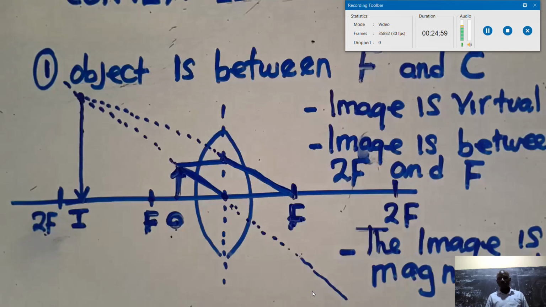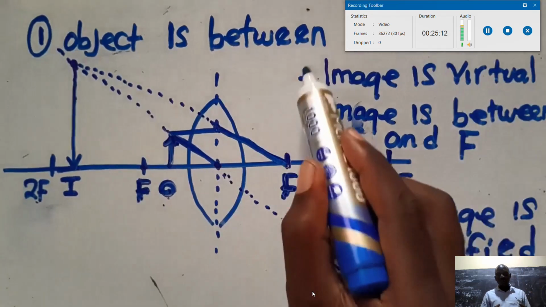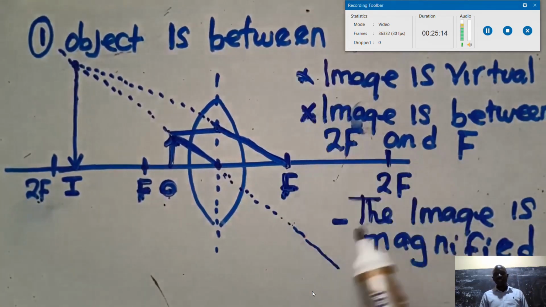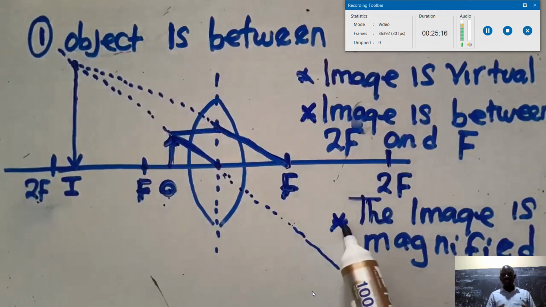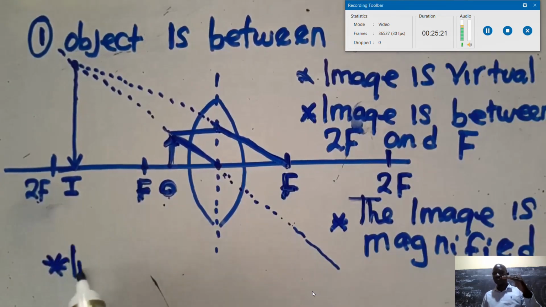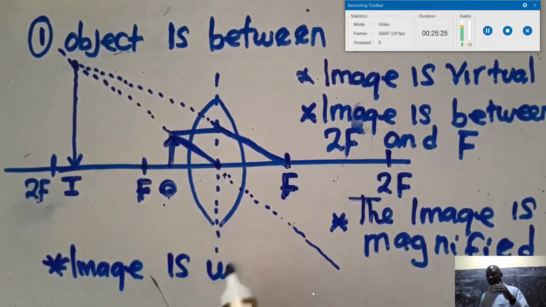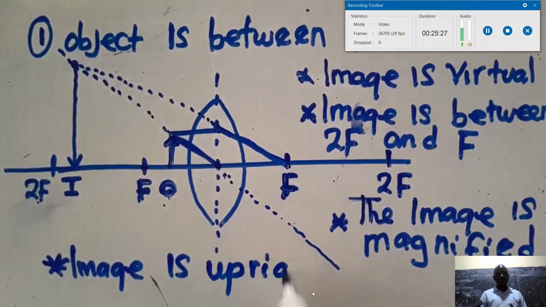Assuming it was smaller than the object itself, which I hope we shall meet in other examples where the object is in another location. So we should take keen attention here, and when we describe this nature, when you talk about virtual, what is the opposite of virtual? We should know that. If you say it is magnified, what is the opposite of that?